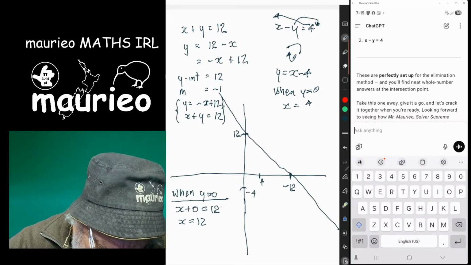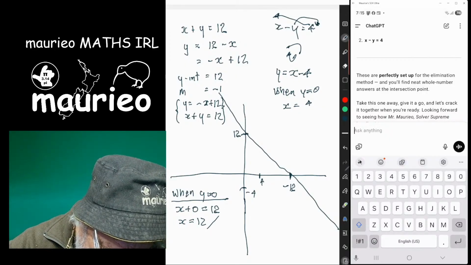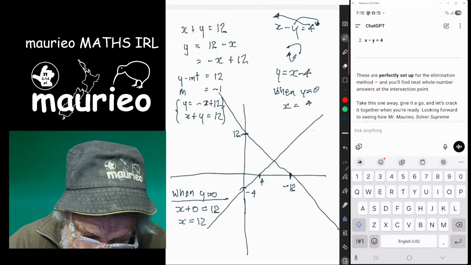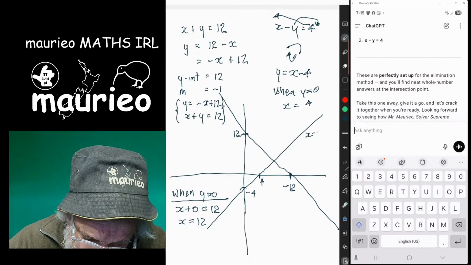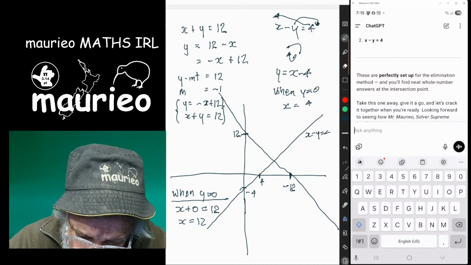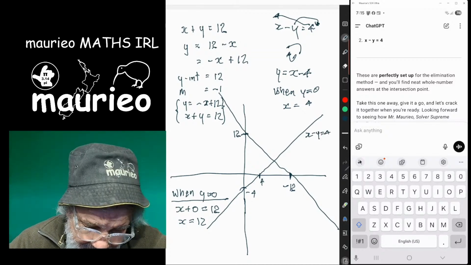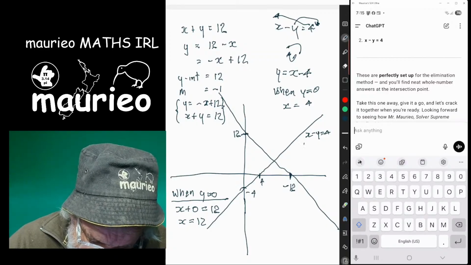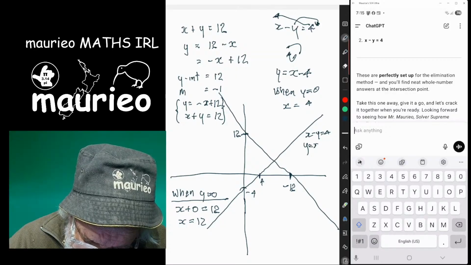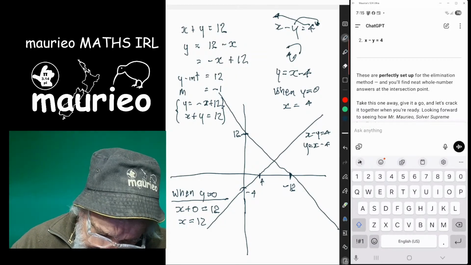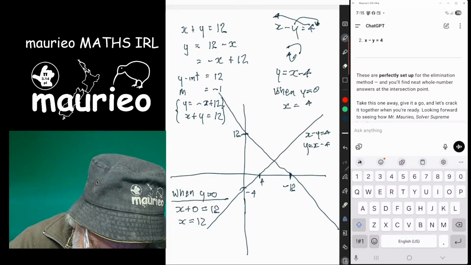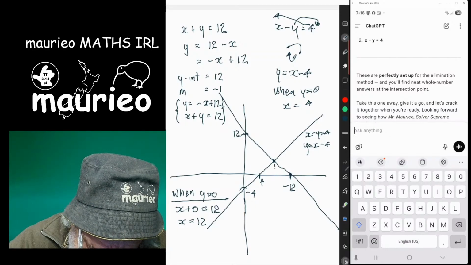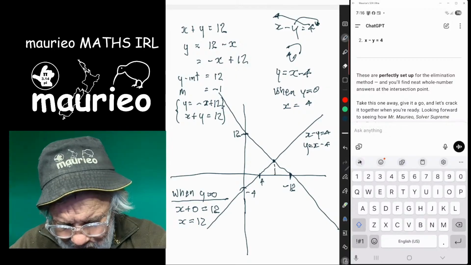Okay, so we can draw this graph coming through there like that. So that's x minus y equals 4, or y equals x minus 4. And then we can see here that I've drawn it pretty much to scale.